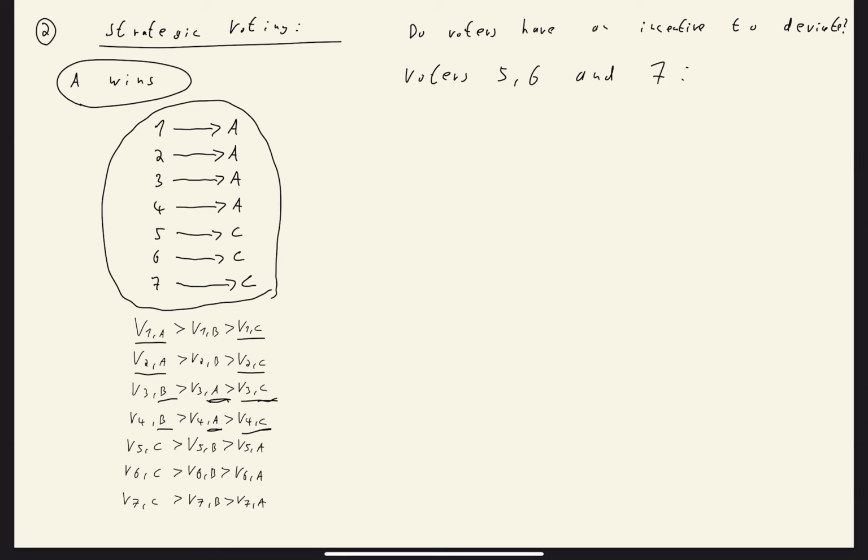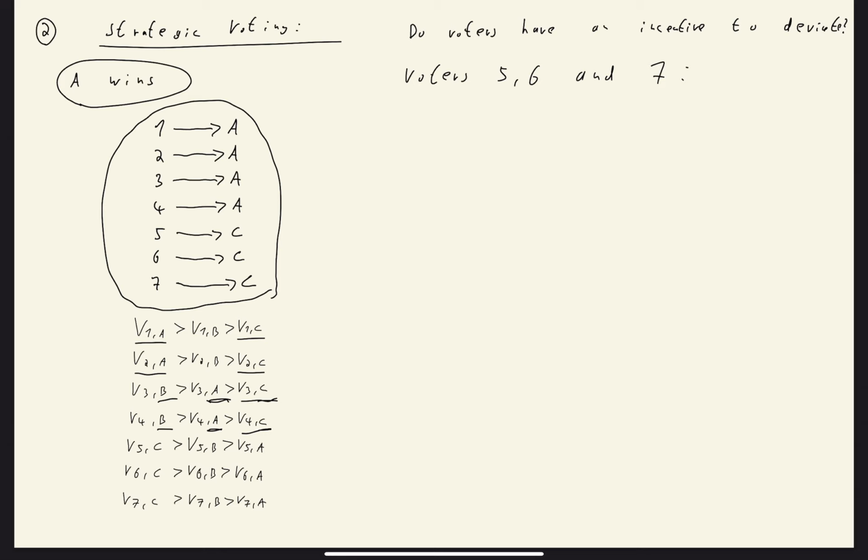So if any of them would change their behavior, there would be no change in the outcome of this election here. Again, keep in mind that they can only change individually, because it's non-cooperative. So by changing their behavior, they cannot change the outcome. Therefore, they do not have an incentive to deviate.